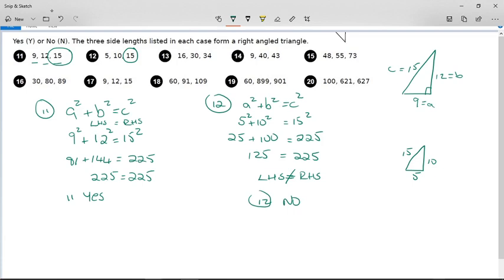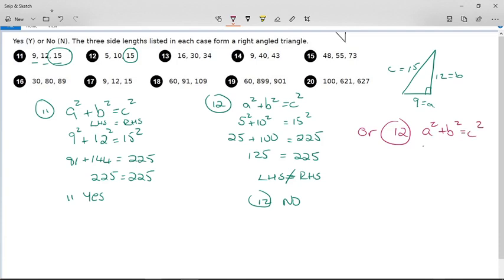So this is one way of doing it, where you substitute everything in. Or what you can do, if we just rub out this triangle so I've got some space to write here, and let's do this in another color, is say, for instance, for number 12, always state a squared plus b squared equals c squared.